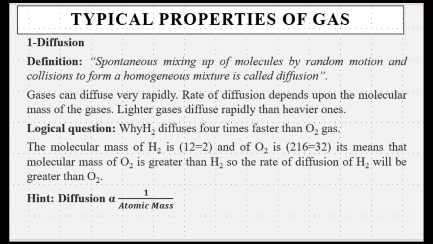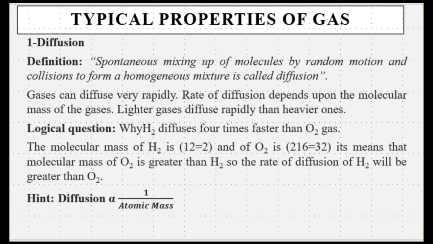The important point is that the rate of diffusion depends upon the molecular mass of the gases. So we can say that lighter gases have a greater rate of diffusion as compared to the heavier gases.